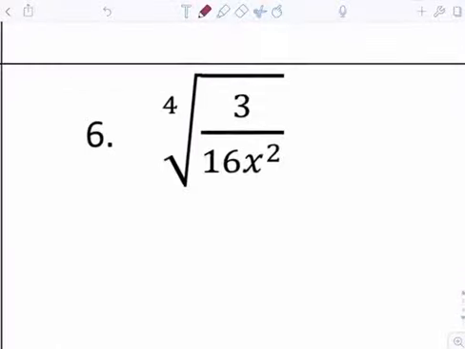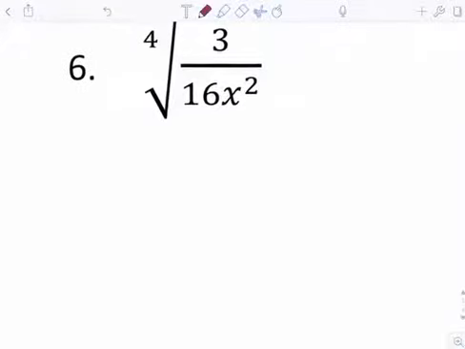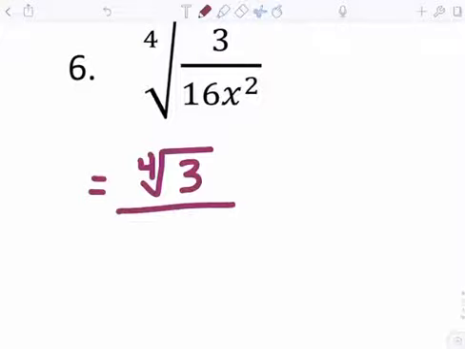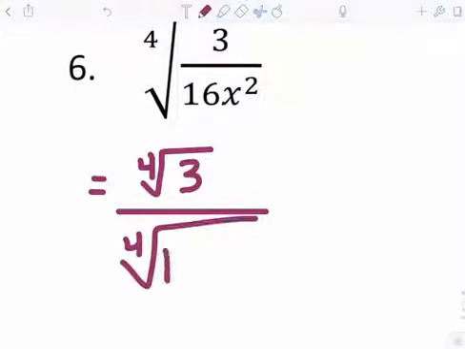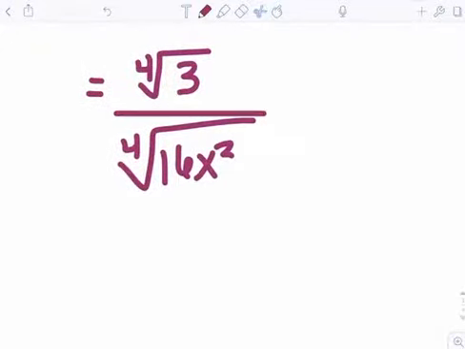Okay, number 16. Let me rewrite down here. So this is the 4th root of 3 over the 4th root of 16x squared. There are 2 ways you could think about this. Actually, 16 is a perfect 4th power.